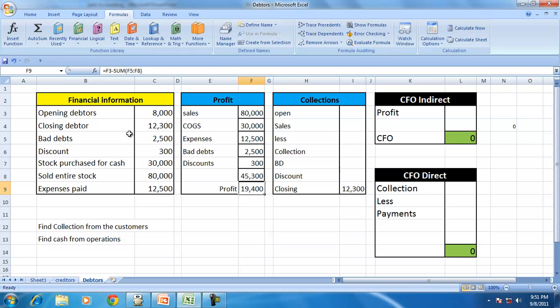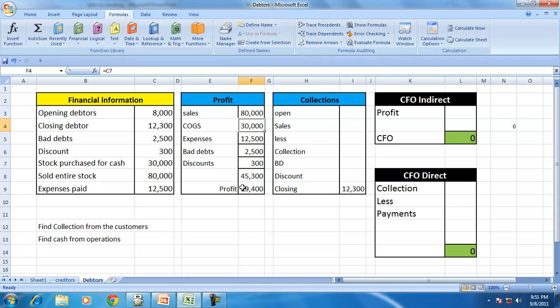So 19,500: COGS, expenses 12,500, bad debt 2,500, discount 300, and the cost of the goods sold.